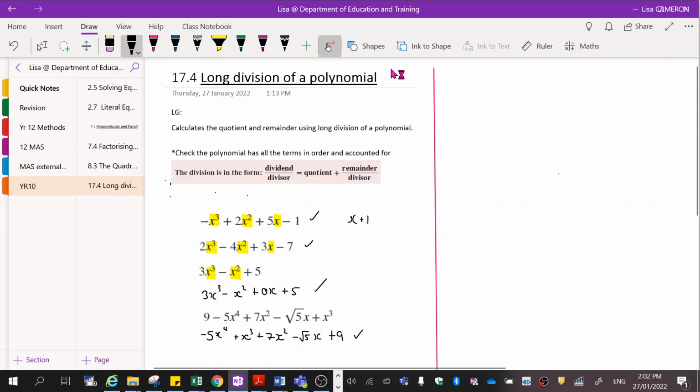Okay, so let's start looking at the process. Let's say I'm given a question like this where it's asking me to use long division of a polynomial to determine the quotient and the remainder of this expression.